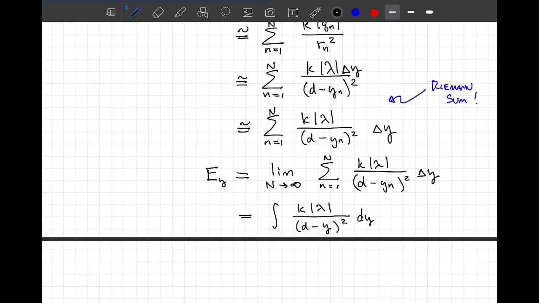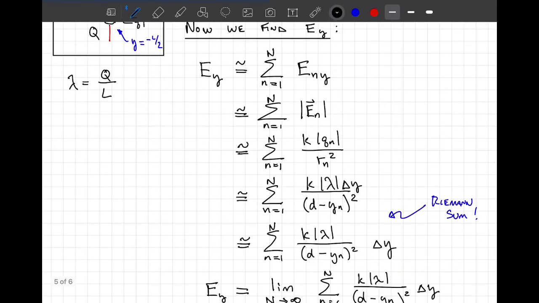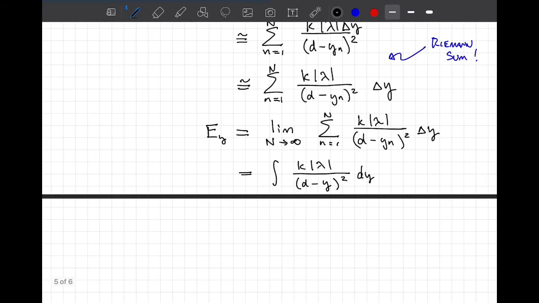And the last step is I need to set the bounds of this integral. So I need to know what I'm integrating over in y, and that's clear from my picture. You can see that we have the start of the rod down here at y is equal to minus L over 2, and the end up here at y is equal to L over 2. So the bounds on my integration will be minus L over 2 to L over 2.